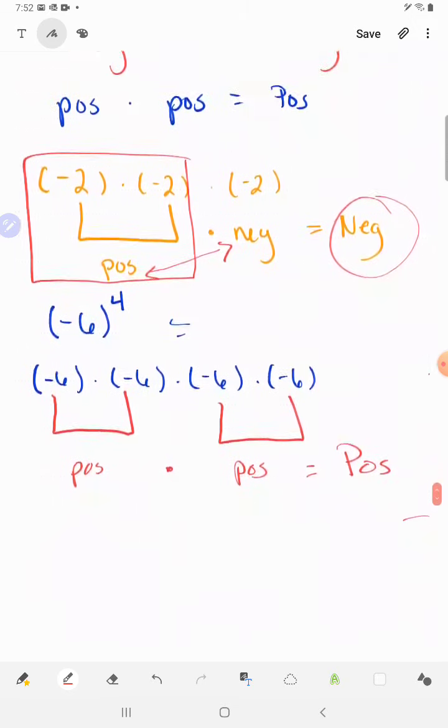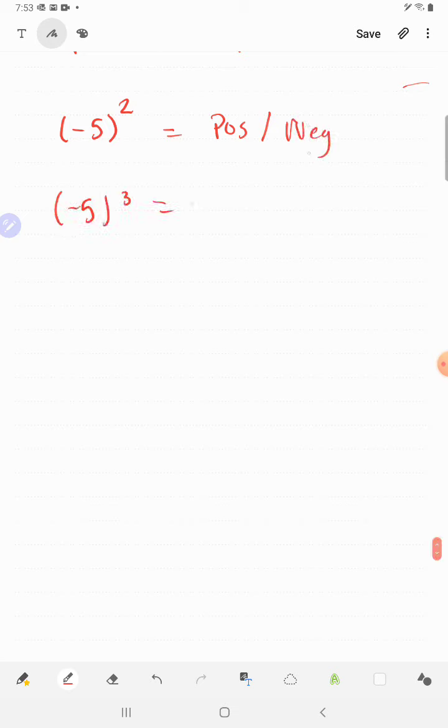All right. On your own, I want you to get out a piece of paper, and I want you to write negative 5 raised to the second power. Tell me if this answer is going to be positive or negative. Then do negative 5 raised to the third power.